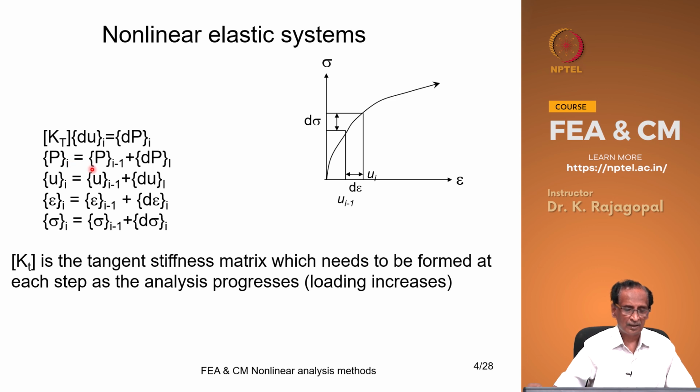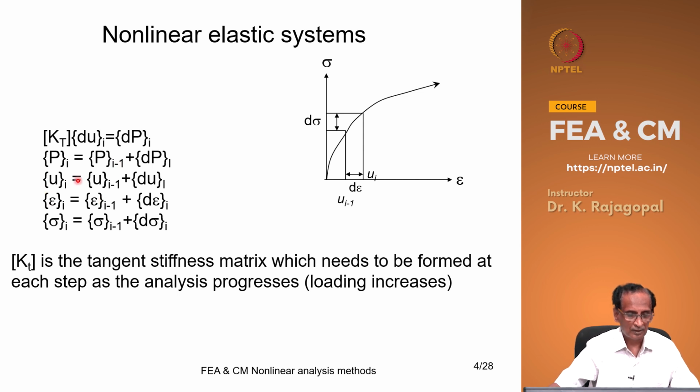And then as we are doing, we have to go on accumulating the displacements, strains, stresses, and so on. So our Pi is Pi minus 1 plus dPi, where i minus 1 corresponds to the previous step and i corresponds to the current step.